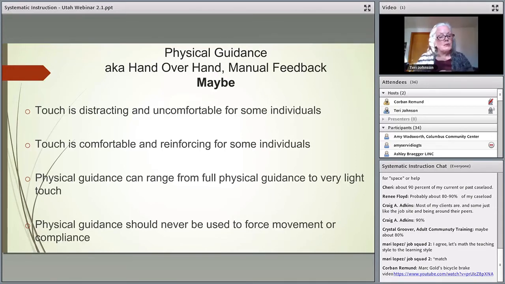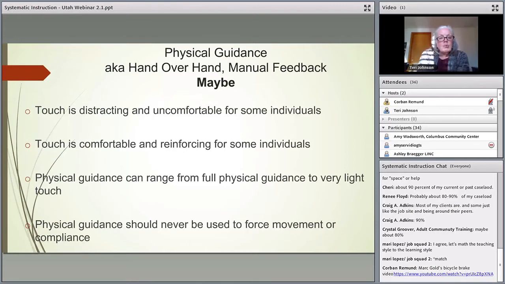So in my world, all of that is physical guidance, but there's a range, or a continuum, I guess you could say. And recognizing, as I've stated already, that physical guidance should never be used to force movement or compliance. That's a lose-lose situation, and we just don't do that in teaching.